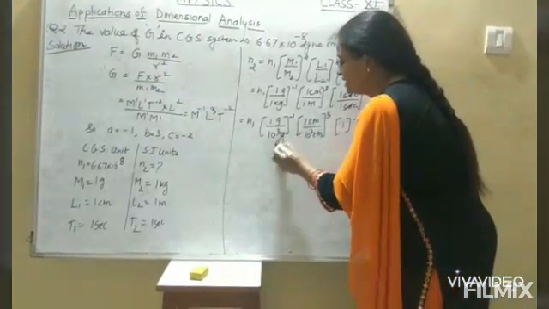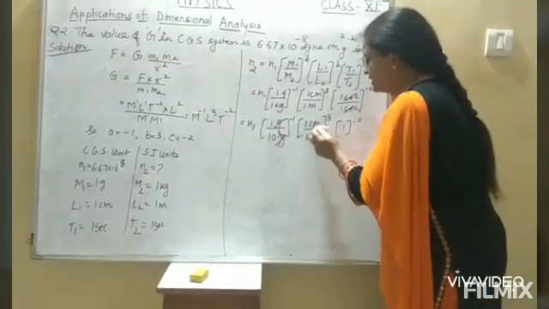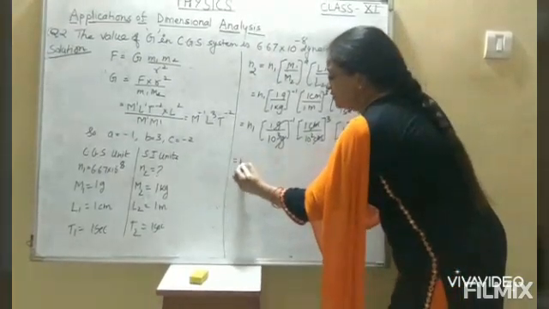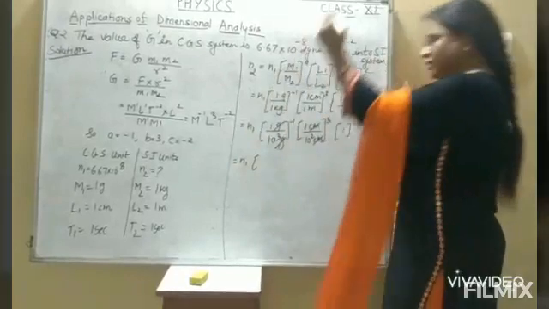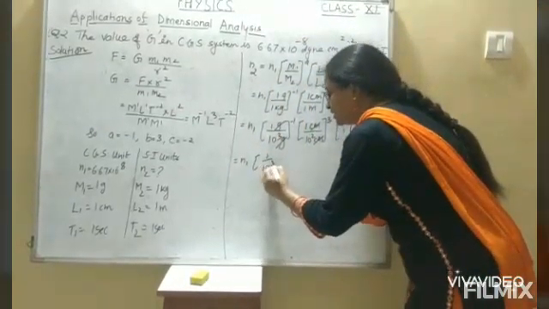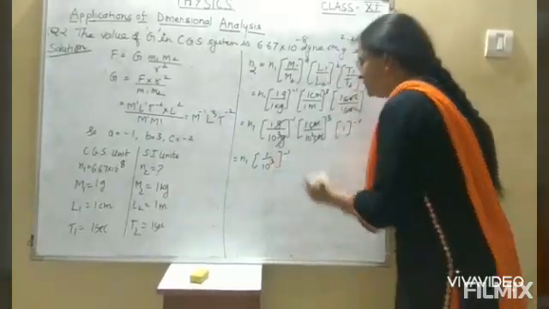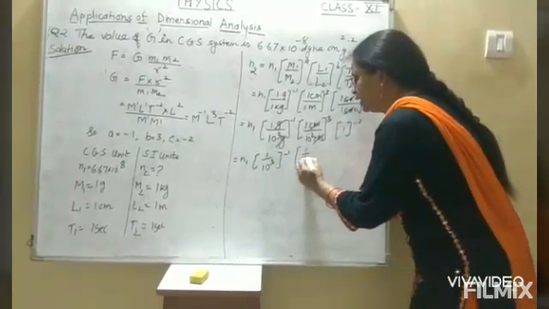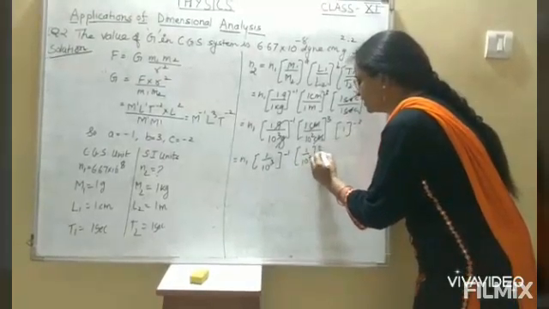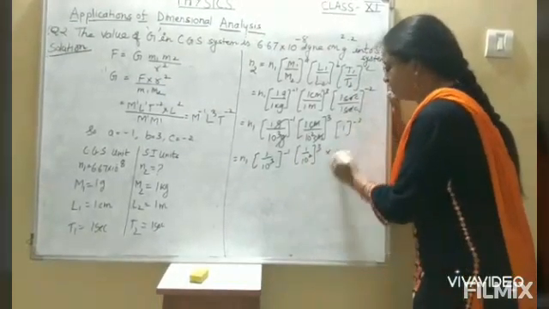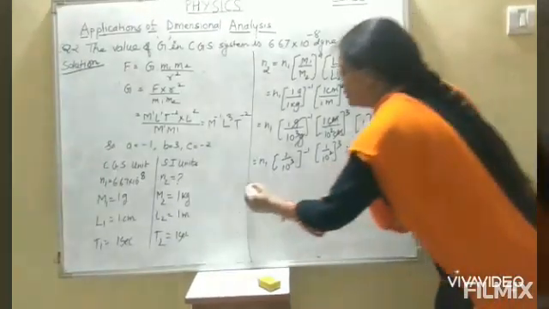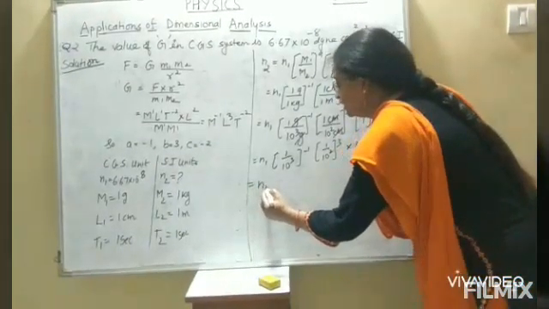Now we can cancel gram by gram and centimeter by centimeter and simplify it. n1 into 1 upon 10^3 raised to power minus 1, 1 upon 10^2 raised to power 3, and 1 raised to power minus 2, that is equal to 1.